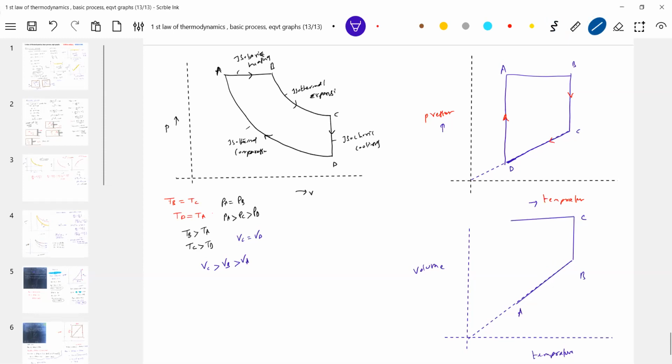The curve will look like this. Then what is DA? DA is isothermal compression. Okay, I think luckily we got the correct one. A, B, C, and this is D. Getting some idea. So whatever curve they give, we can manage.